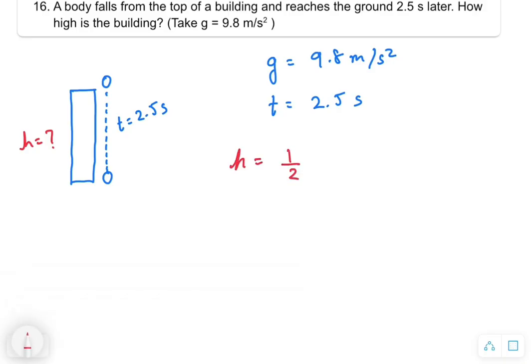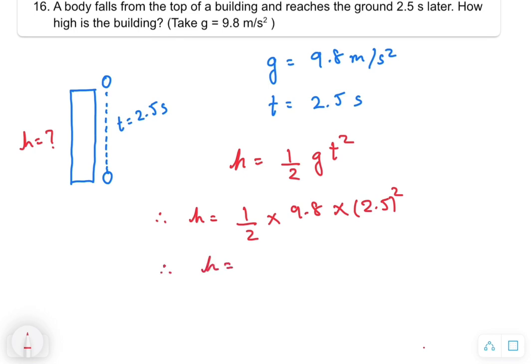h equal to half gt square. Therefore, h would be equal to half multiplied by 9.8 meters per second square multiplied by 2.5 square. h would be half multiplied by 9.8 multiplied by 6.25.